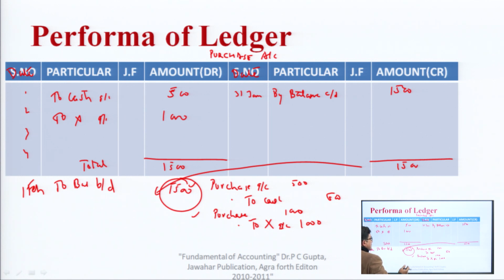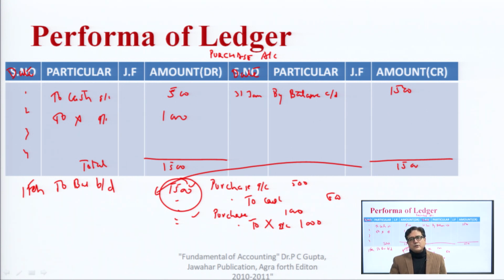The transaction entries of February will be added here, and at the end of February, whether it is 28th or 29th, you again do the same activity by making the balance. It is the same for all accounts, like cash and purchase.